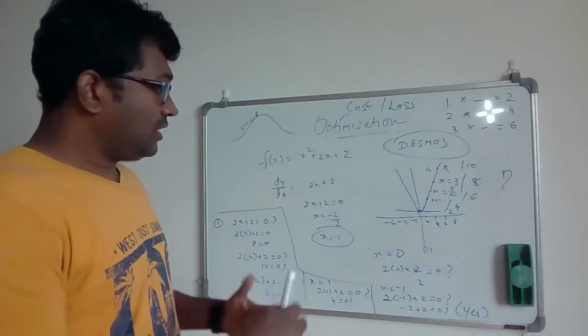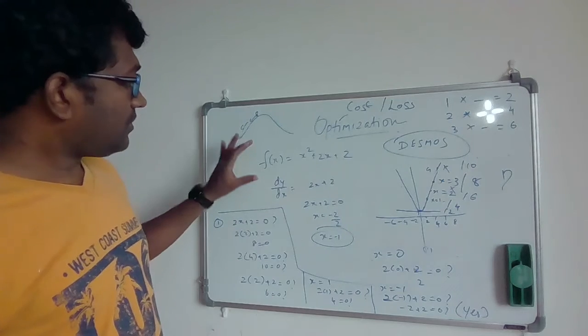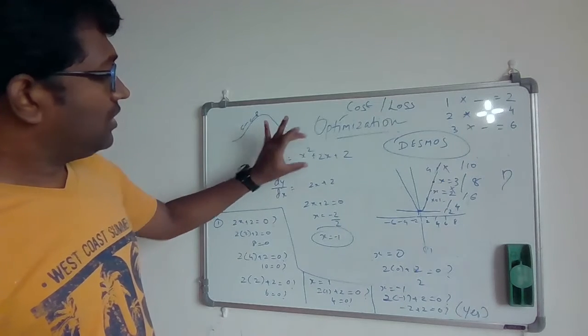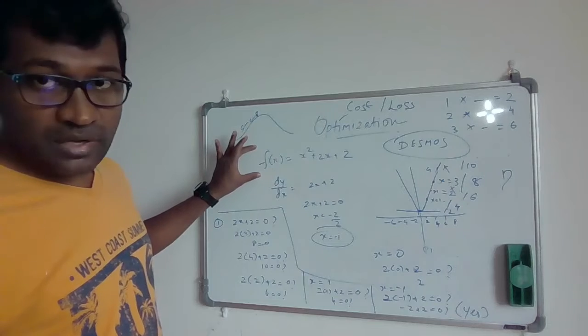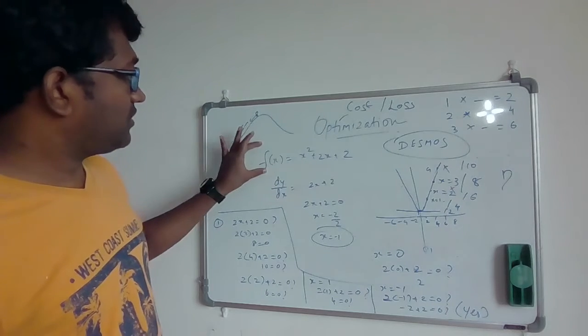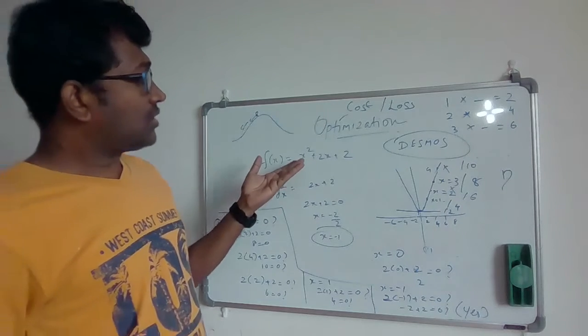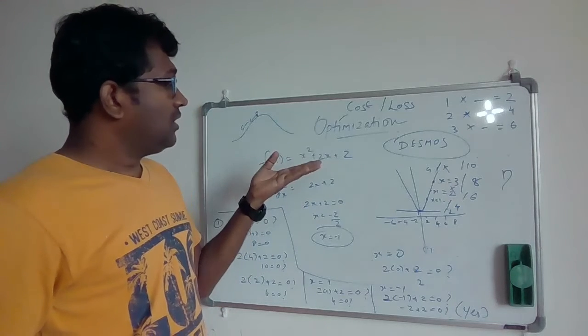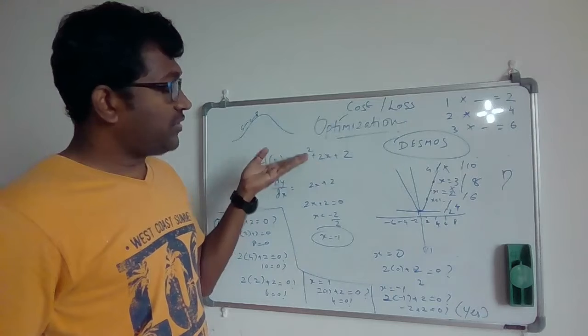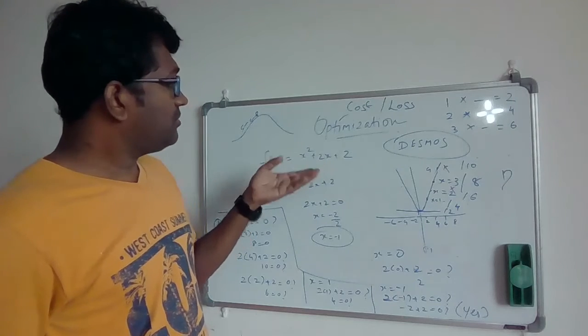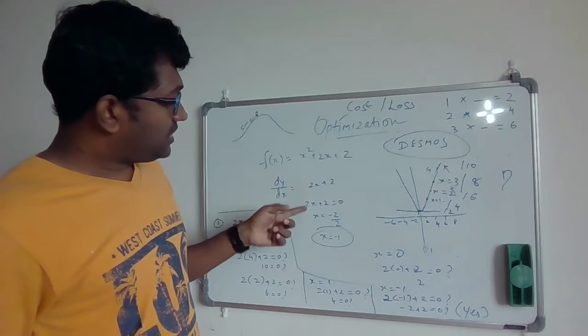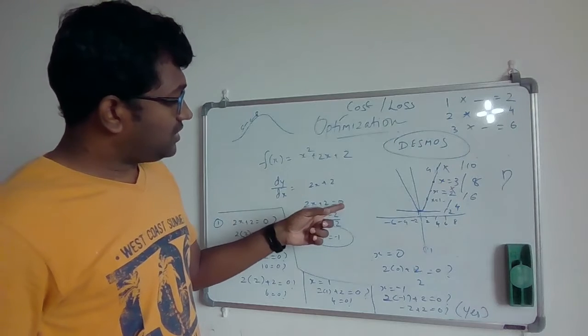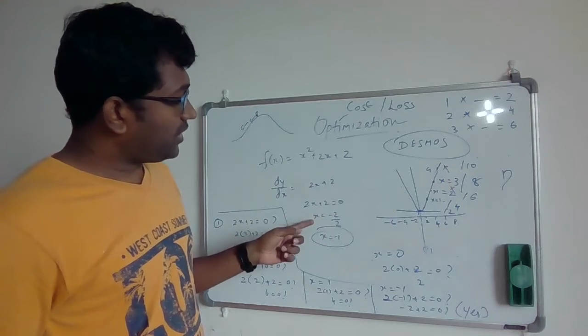So just to recap, we started off with a problem. Let's say this is an optimization problem, and this is a cost function. We wanted to find out the minimum cost of manufacturing something, or the minimum loss of a function to find the solution to a machine learning problem. We took the derivative and set the slope to 0 and found at which point the slope is 0.